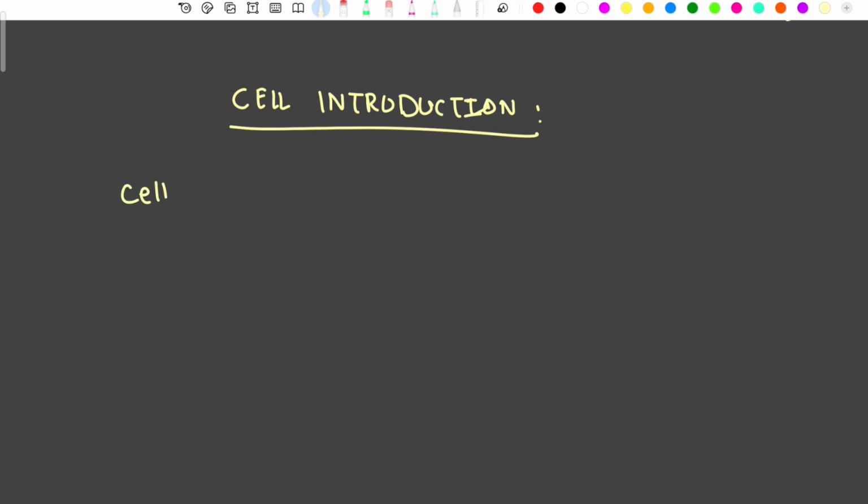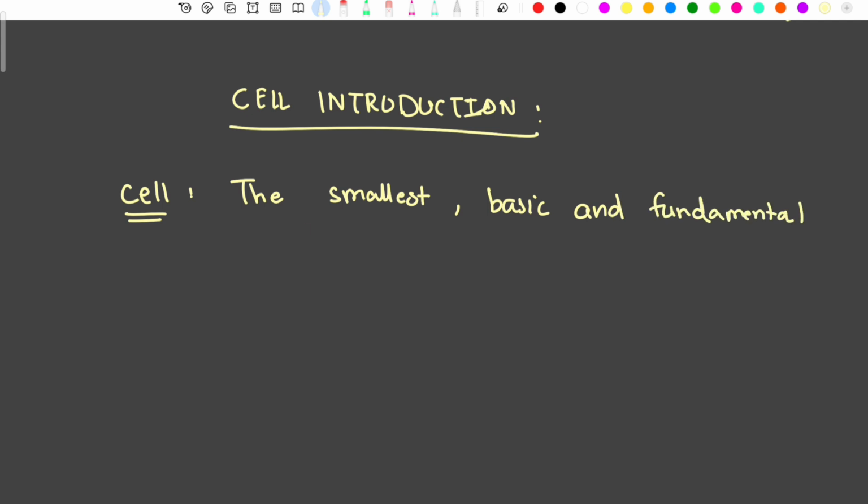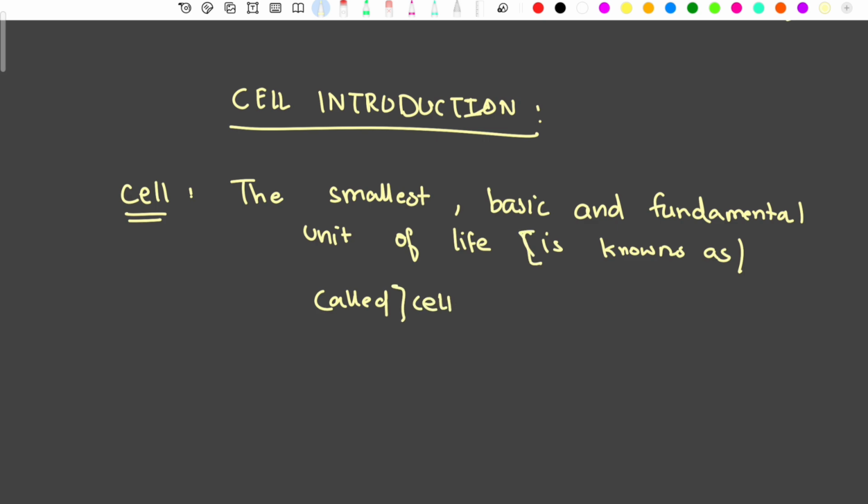The smallest, basic and fundamental unit of life is known as, or is called, a cell.